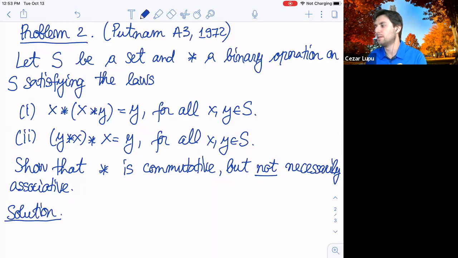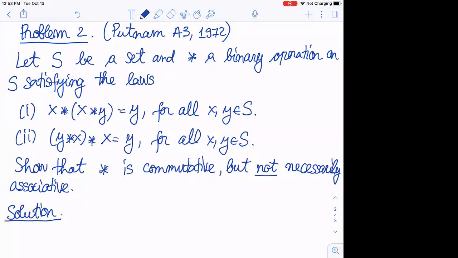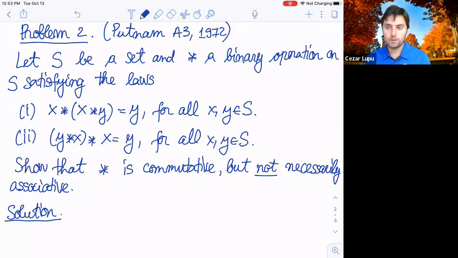So you need to look for something here, in the same fashion as the previous one. Try to think of it for a couple of minutes. You can come up with some ideas. Try to use those two laws.